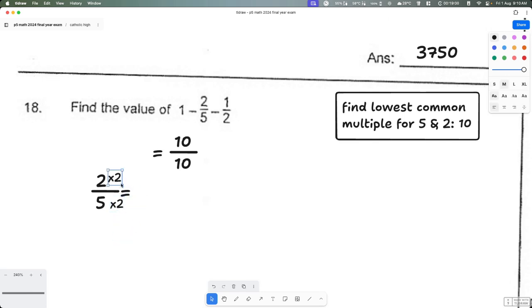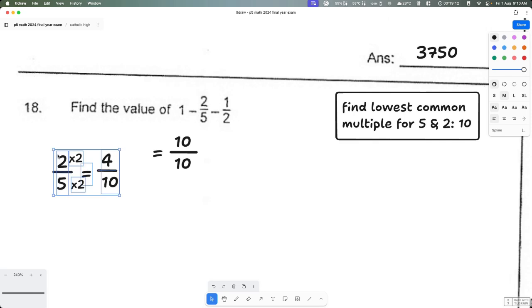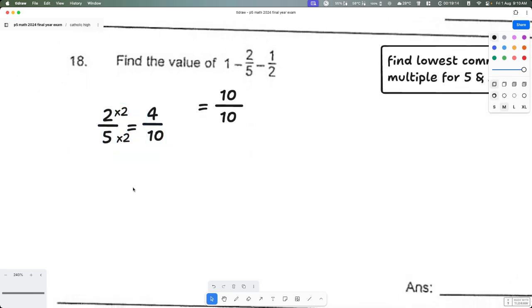So the denominator will be 10, and this will then become 4 out of 10. And then after that you have 1 out of 2, or half. For the denominator, what do we multiply to get 10? It is 5. So same goes to the numerator. So in this case it will be 5 out of 10.